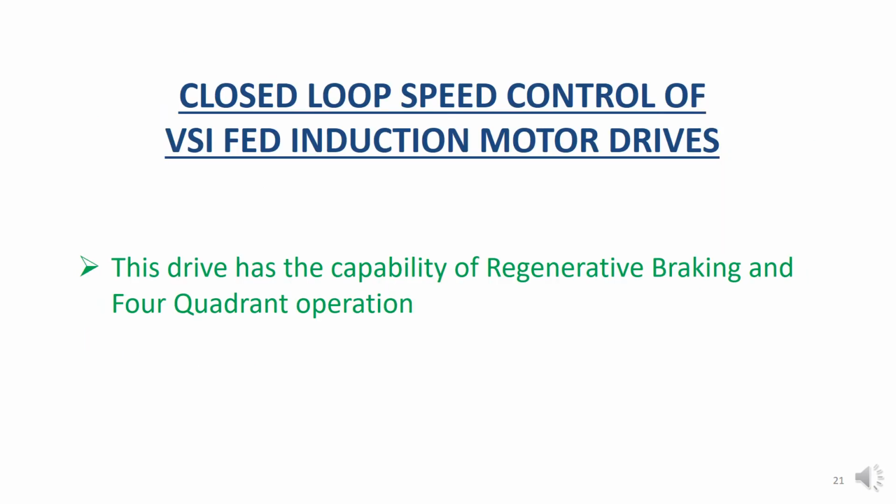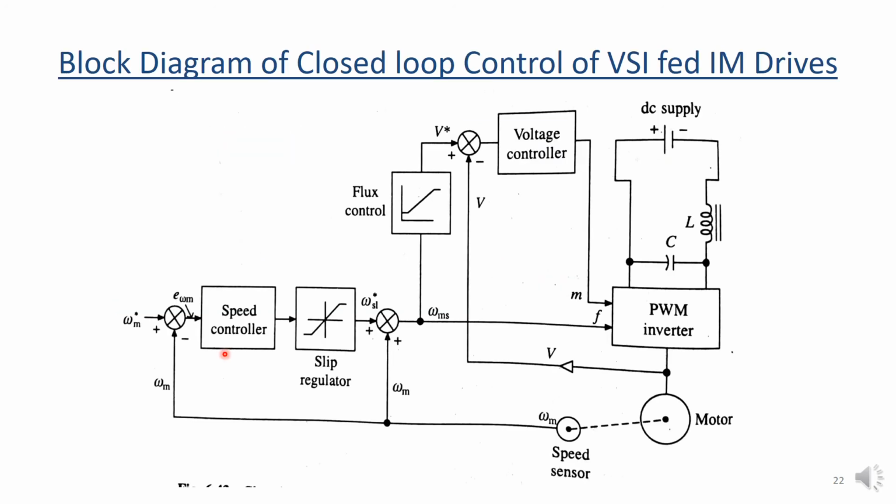Now let us move into the next topic, closed loop speed control of VSI-fed induction motor drives having the capability of regenerative braking and four quadrant operation. The figure shows the block diagram of closed loop control of VSI-fed induction motor drives.